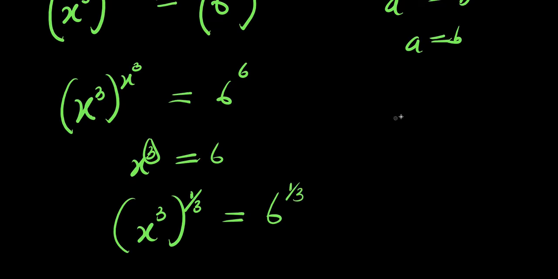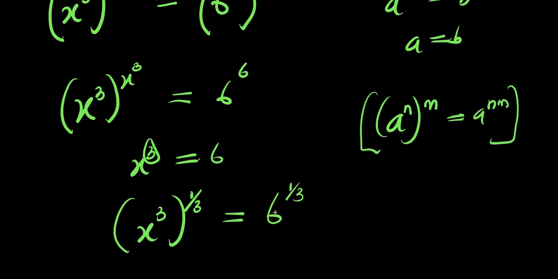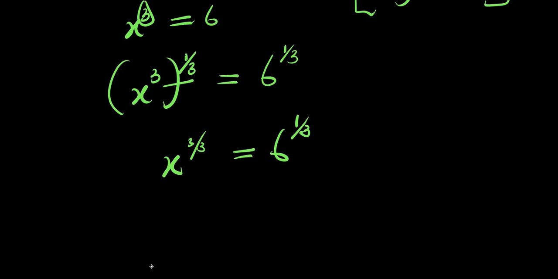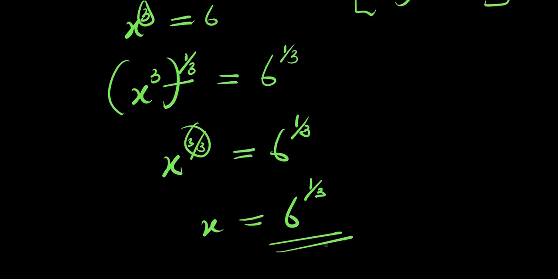Now remember, a^n raised to the power of m equals a^(n times m). So multiplying this out, we are going to have x^(3/3) equals 6^(1/3). And remember, 3 divided by 3 is 1, so we have x equals 6^(1/3). And this is our answer.